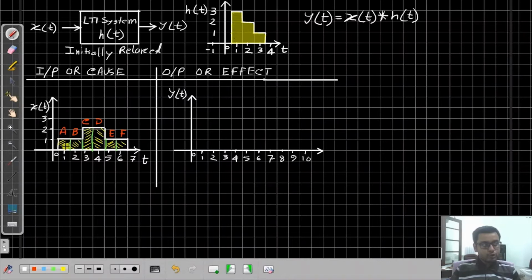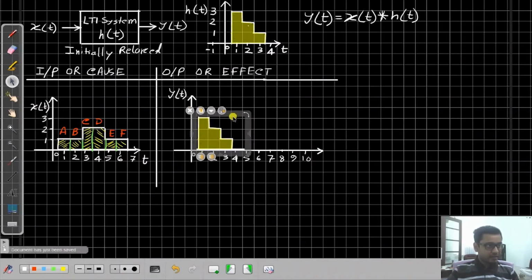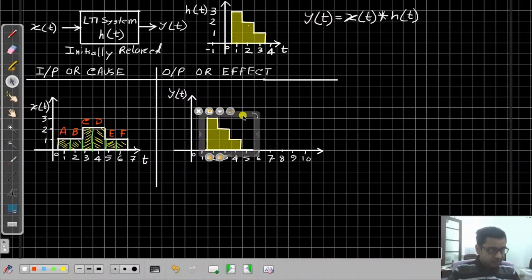So the output corresponding to this part will look like the impulse response, or the response corresponding to an impulse, which we already know, which is given here. So let me copy this and let me put it here at this position.